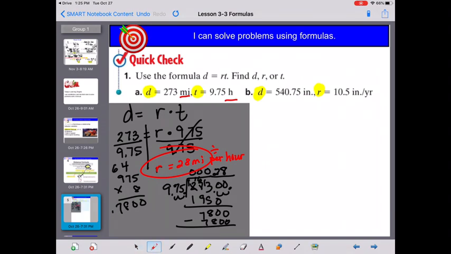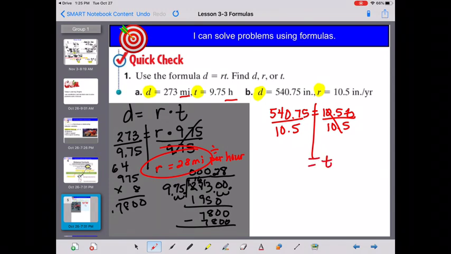All right, hopefully you paused the video and tried this out. When I plug in the numbers, I get 540.75 equals 10.5 times t. To solve this problem, I divide both sides by 10.5. Then you're going to have to do a side problem where you divide it all out. 540 divided by 10.5, and you get t equals 51.5.